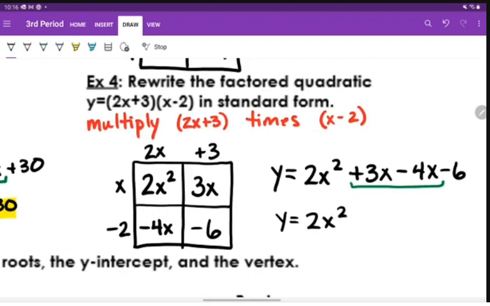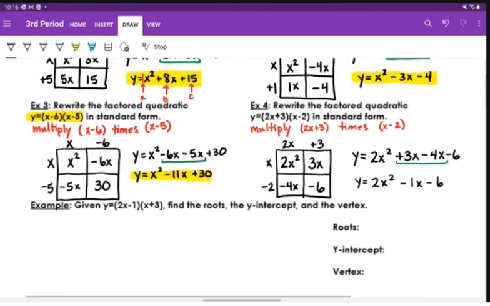So we get y equals 2x squared minus 1x minus 6. Notice the positive 3 and the negative 4. When we add those together, we get negative 1. Okay. Guess I can highlight the answer to be consistent.